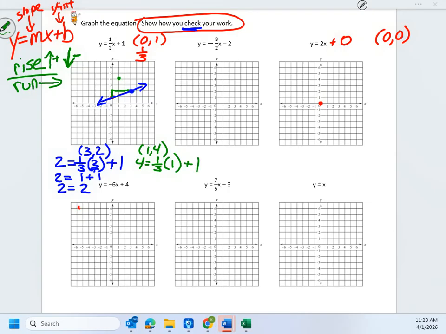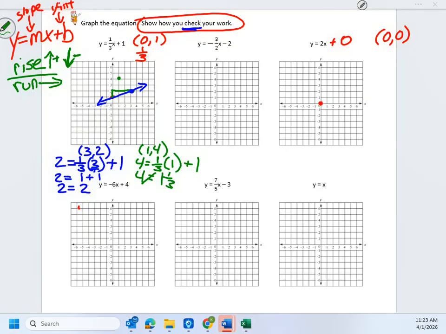One-third times 1 is 1/3 plus 1 is not 4. That's where I find out if I graphed my slope correctly. If it doesn't equal, I made a mistake.